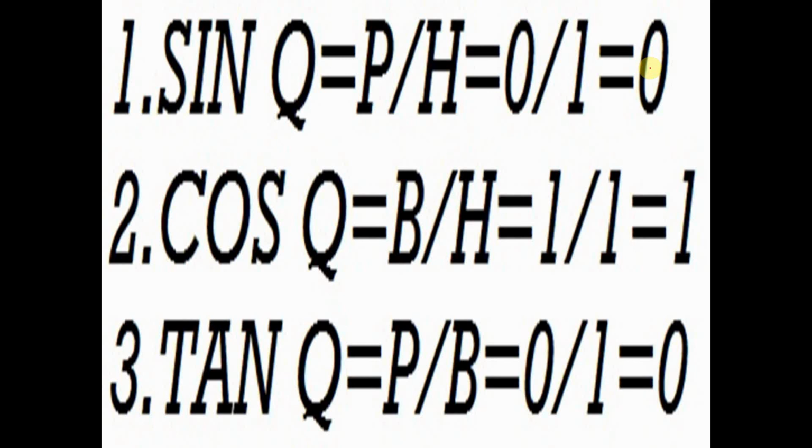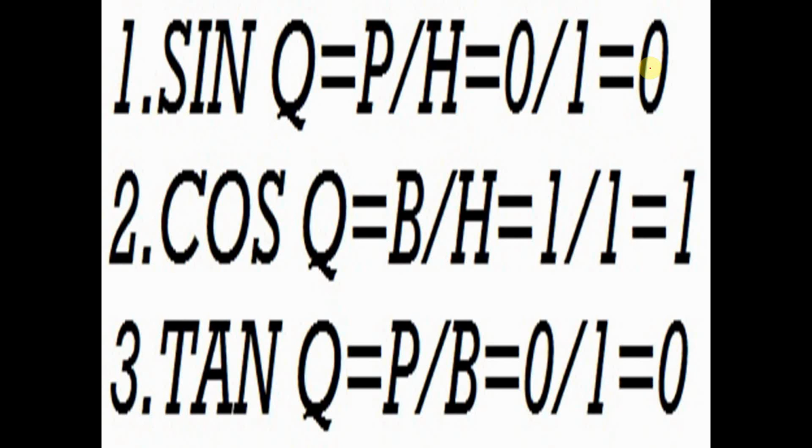Now second, cos theta is B by H. The value of B and H is 1 by 1. So 1 by 1 became 1. The value of cos theta for 0 degree is 1. Tan theta is P by B. The value is 0 by 1.